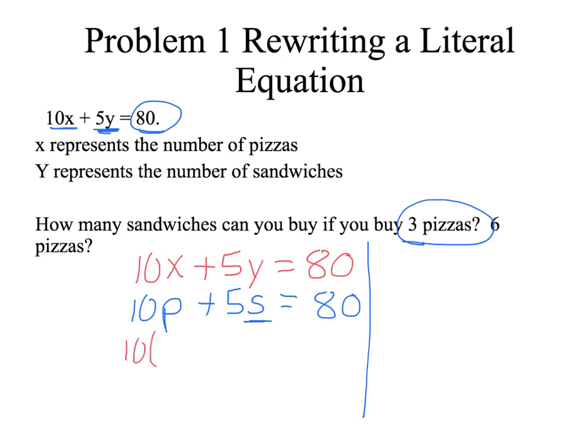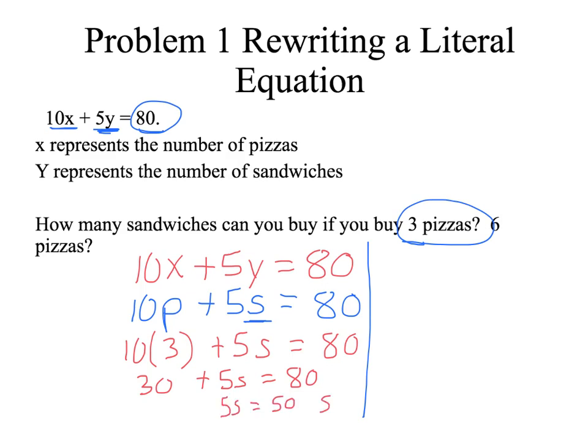So 10 times 3 plus 5s equals 80. And then this would be 30 plus 5s equals 80. Subtract 30 from both sides. So you have 5s equals 50. Divide both sides by 5 and you get s equals 10. So you could buy 10 sandwiches.